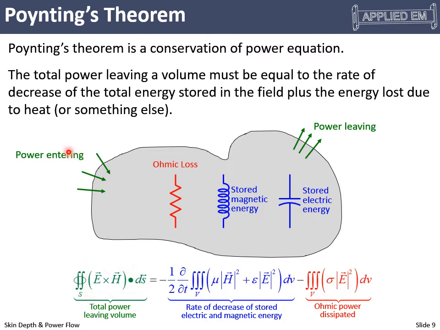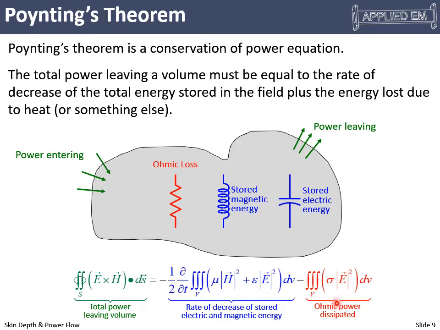And in fact, if power is entering, then we would get a negative number here. We have this other term where we recognize these expressions when we talked about energy density. So there's a negative sign here. So we describe this as the rate of decrease of stored electric and magnetic energy that's either stored in inductors and capacitors or a permeable or permittivity kind of medium.